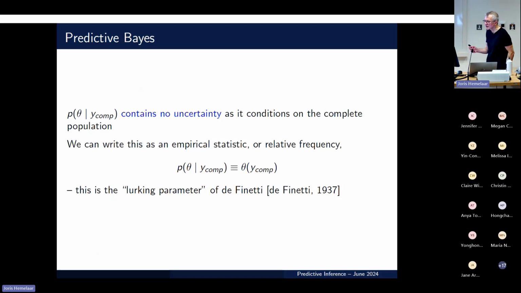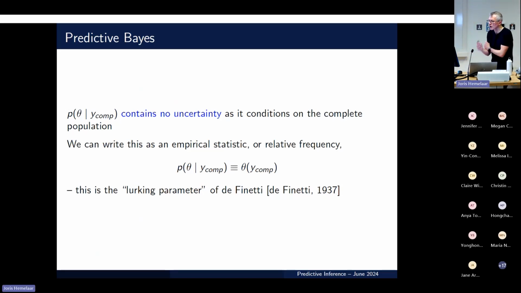Well, the posterior, given all of the data, has got no uncertainty. If I've got all of the data, then I know the parameter. My heights of people, if I had all of the information, if I'd measured everybody, there's no uncertainty left.